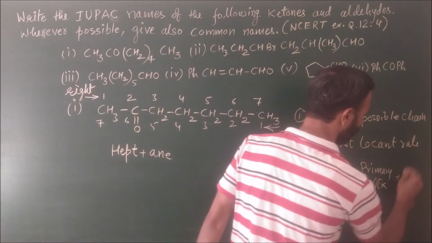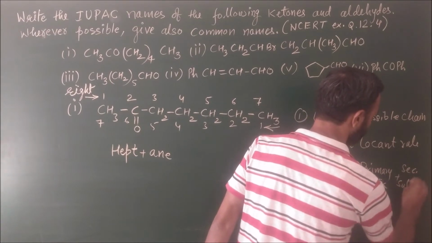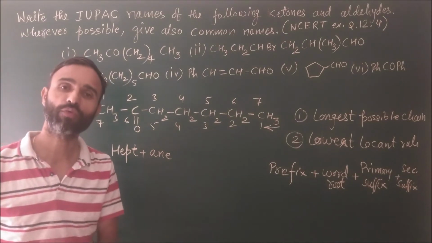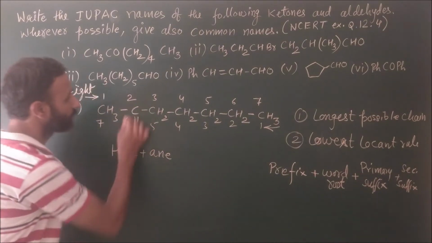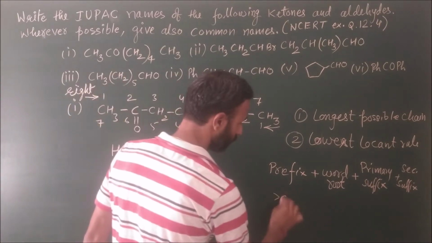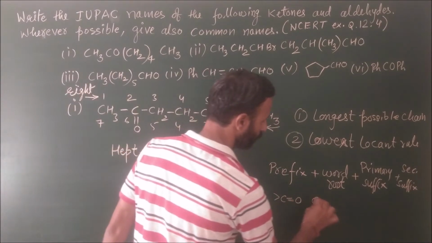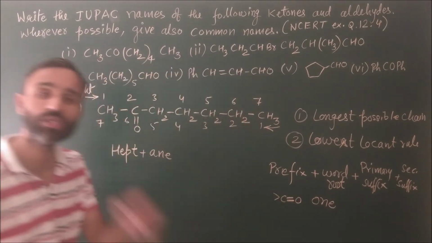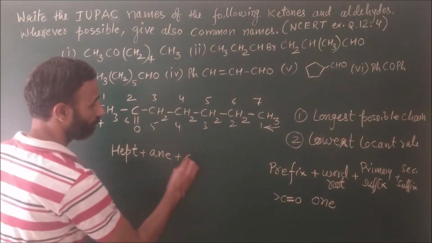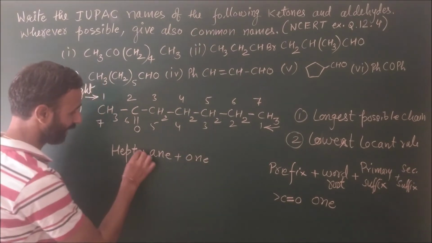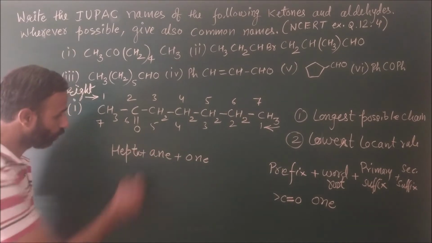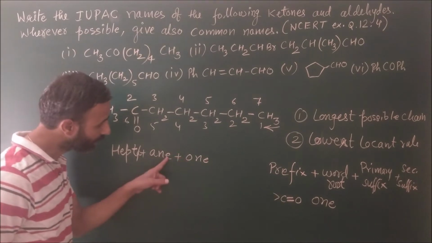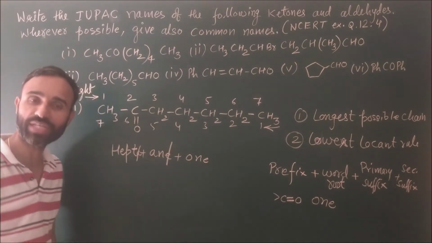Then we write the secondary suffix, which means the suffix used for the functional group. This is the functional group CO, and what is the suffix for CO? It is one. So plus one. Write it as heptane, so this A is cancelled because next is a vowel. Here E and O, so obviously this E is cancelled.